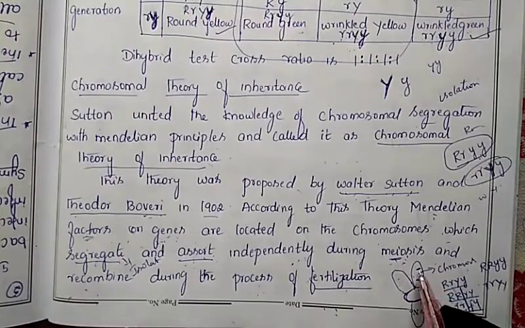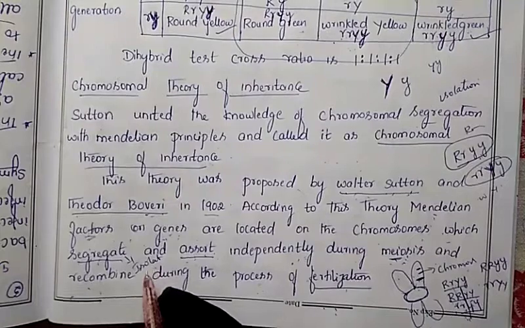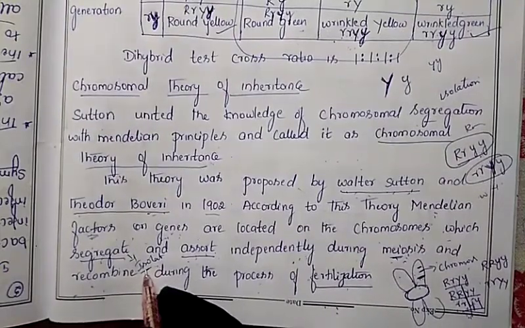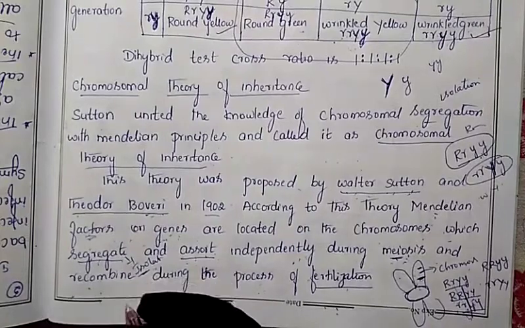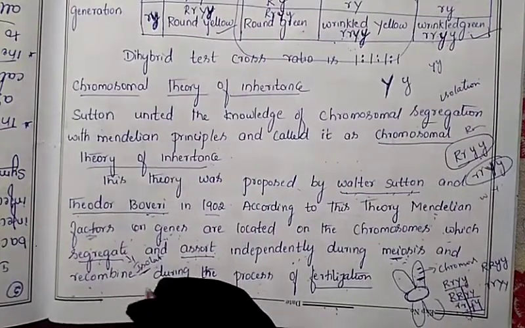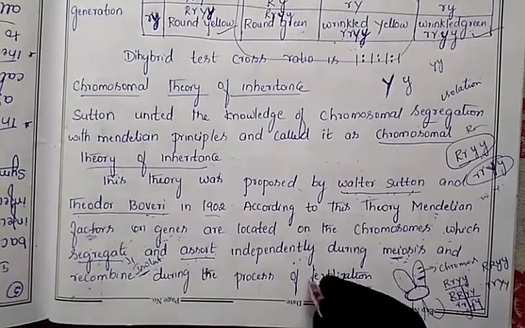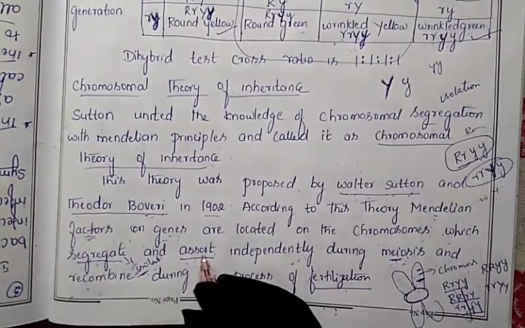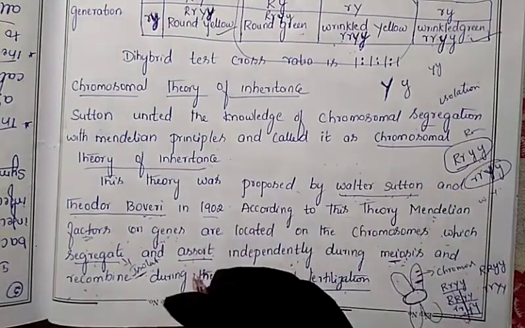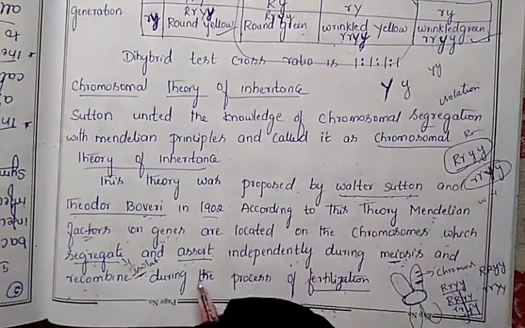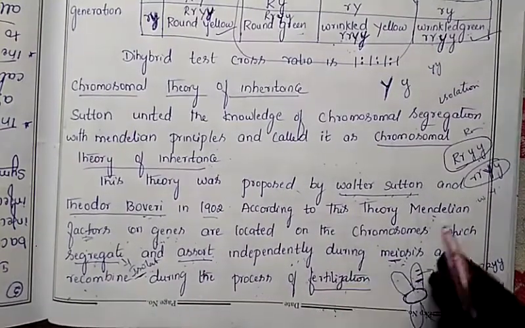Segregate means isolate. After getting isolated, they will assort together, meaning put together. They will get mixed up. After mixing, they will recombine to get a new character.